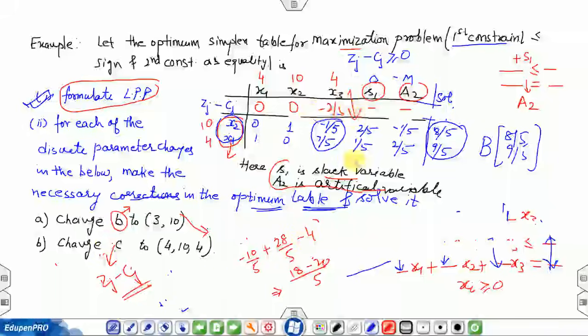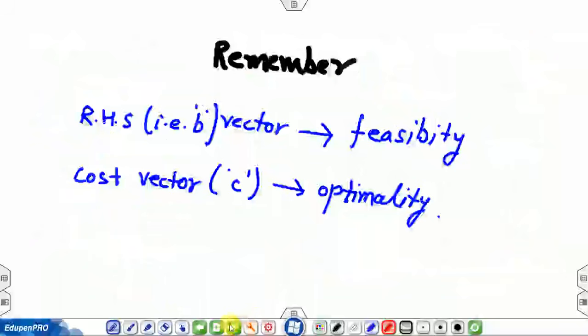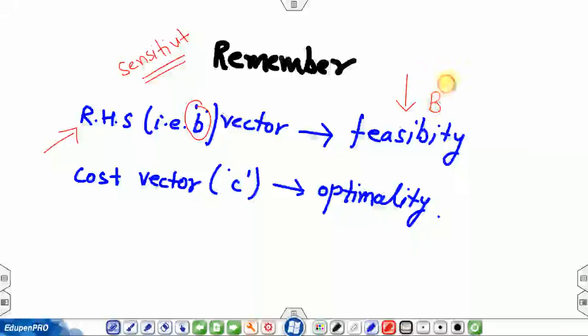For more detail about the cost vector C, you can see my previous video, the link is given in the description. Hope you are able to understand. So I just summarized my last 2 videos. Whenever you're talking about the right hand side vector in sensitivity analysis, we are talking about feasibility, and for feasibility you are always checking B inverse b, and your target is to move on with this.